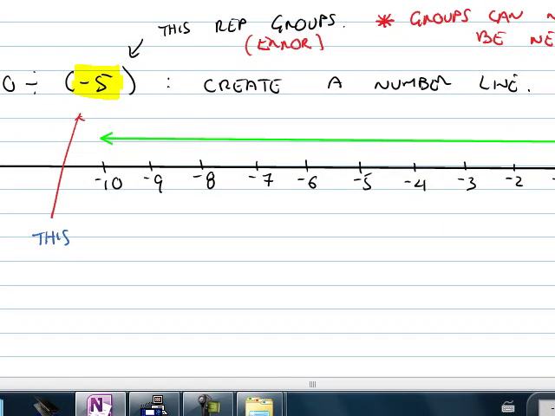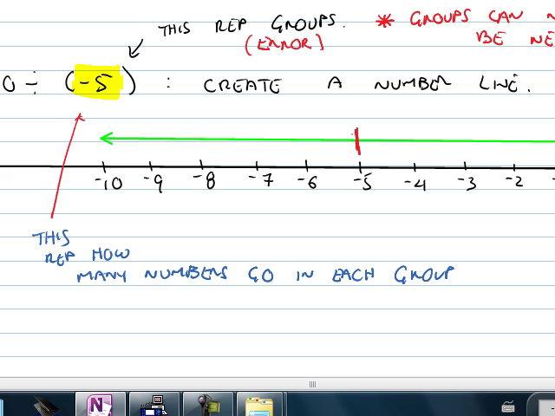This represents how many numbers go in each group. Because really, you can't have negative group. This is the reason why. So really, when I draw this out, I should only have one breakage right there. Voila. Full marks, 10 out of 10.